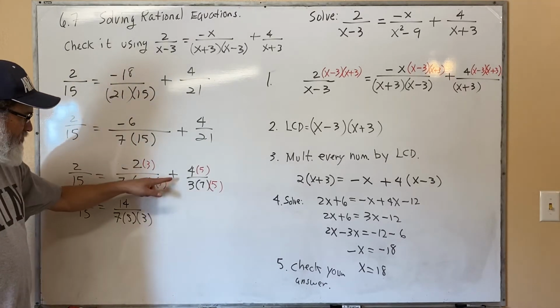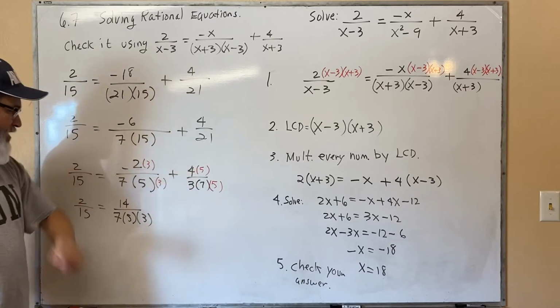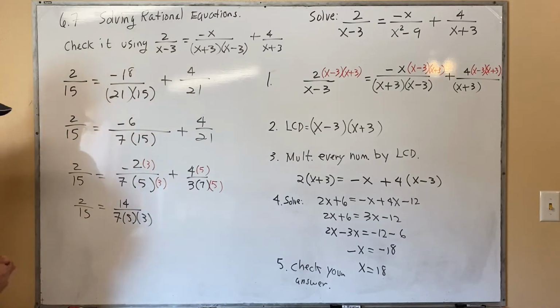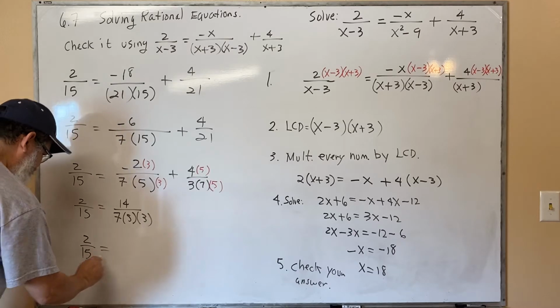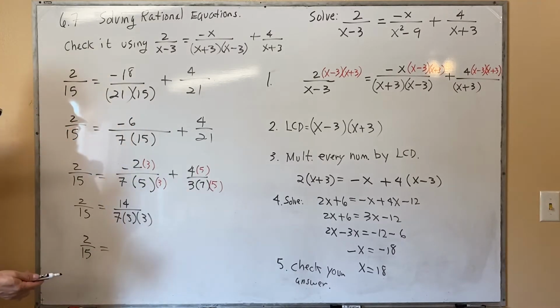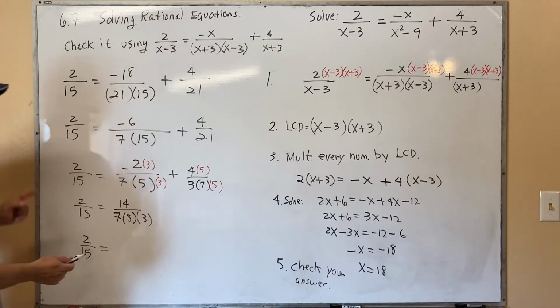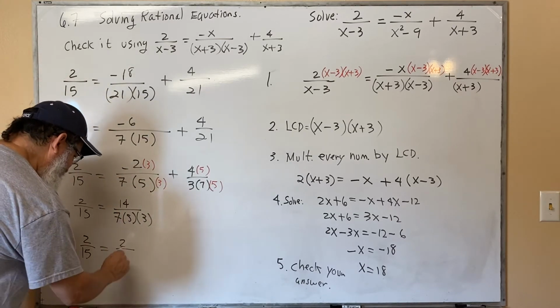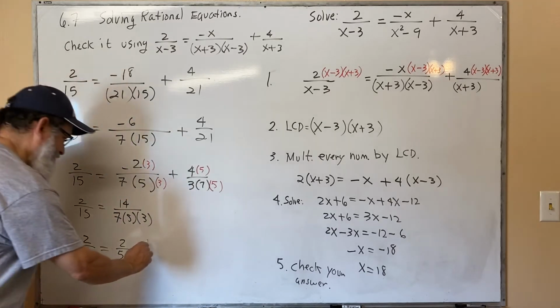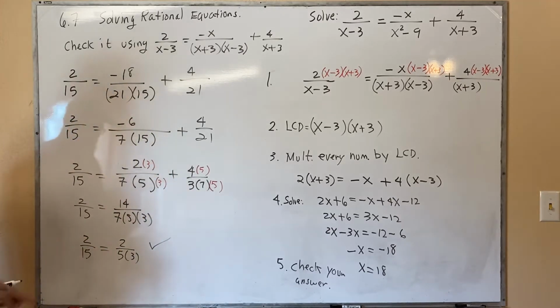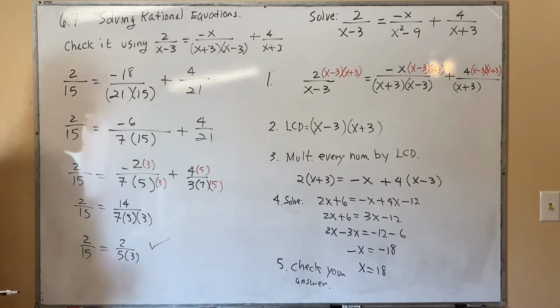That's 14. Watch this. 2 over 15 equals 2. 2 goes into 14. 7 goes into 14 twice. 2 over 5 times 3. Check. The same thing. 2 over 15 equals 2 over 15.